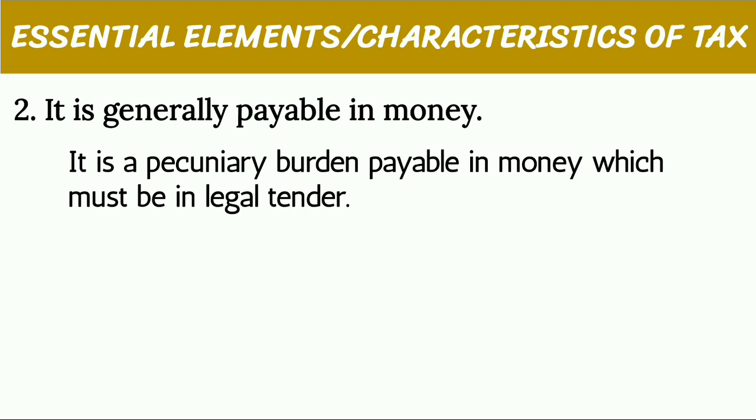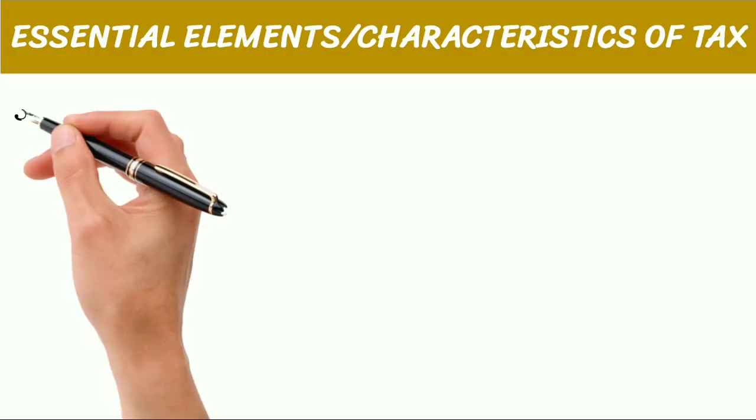Tapos, ipapublic auction yan later ng gobyerno. So, pag pinapublic auction yan, whatever is the proceeds doon sa pag-public auction ng bahay at lupa, ibabayad yon sa tax mo. Kung sobra, syempre, ibabalik sa'yo. Kung kulang, edi magbabayad ka pa ng taxes. Okay? Kaya siya generally payable in money.